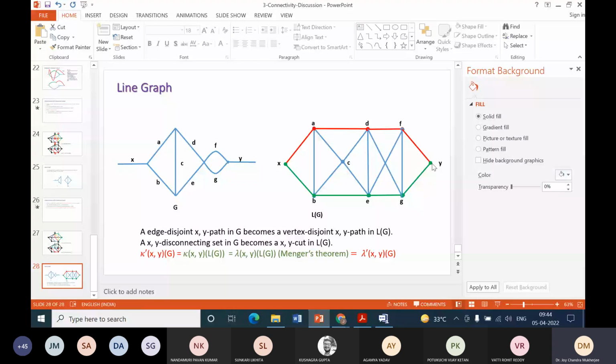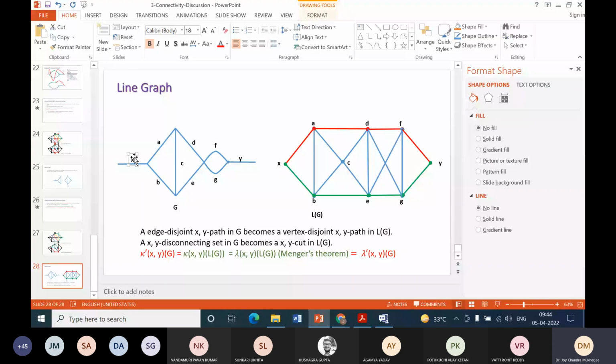Like in the xy path here, x a d f y and x b e. So basically x is this vertex, and y is this vertex.